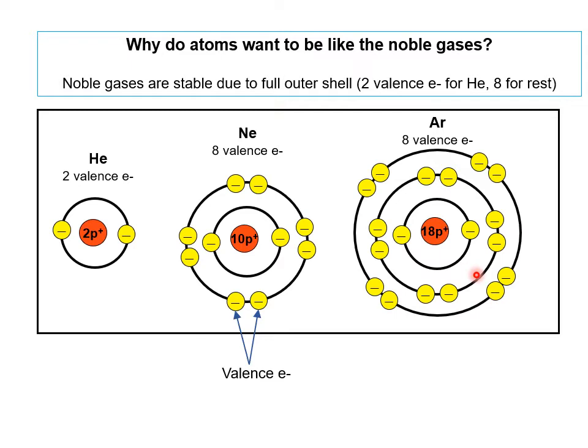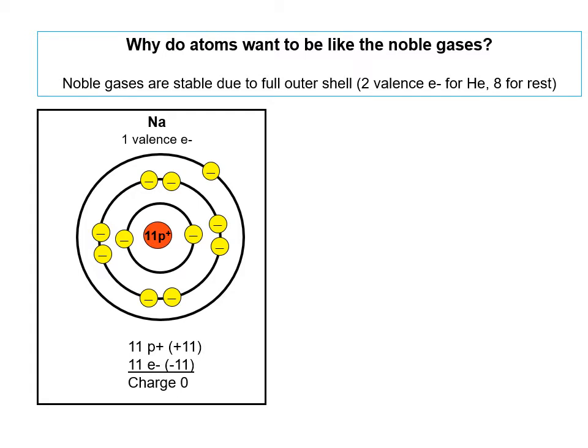Argon has 18 electrons. 2 go in the first, 8 go in the second, and another 8 go in the third, so it has 8 valence electrons. Okay, so just note that except for helium, all the other noble gases have 8 valence electrons, and that's what all the other elements on the table want to achieve.